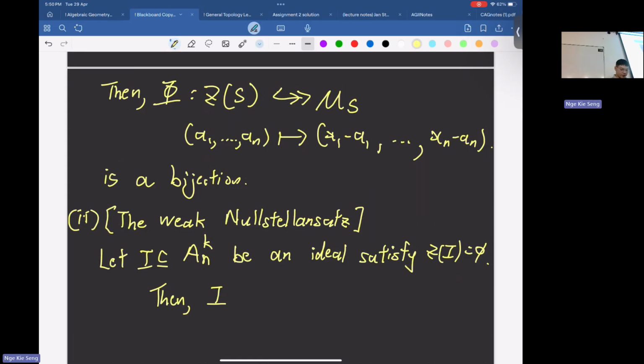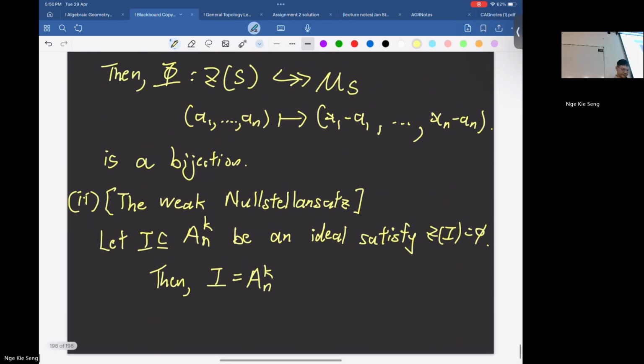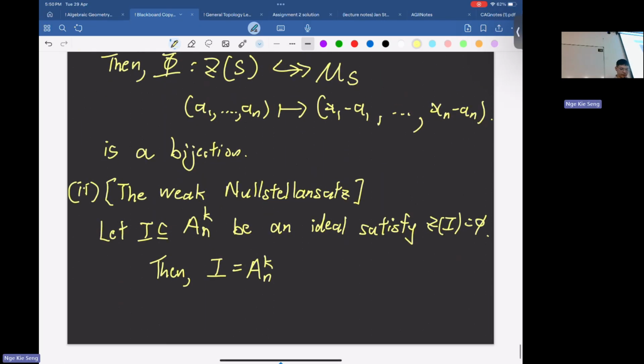The weak Nullstellensatz tells you that only A^n will give you this empty zero set. It turns out to be quite technical to prove, using quite a strong statement, but the argument is not too complicated.